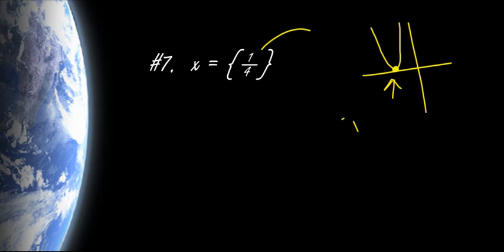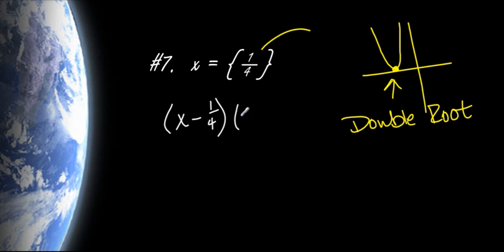This is a double root. And what that means is we actually have two parentheses that look exactly the same, which is why nobody bothered to write it twice.